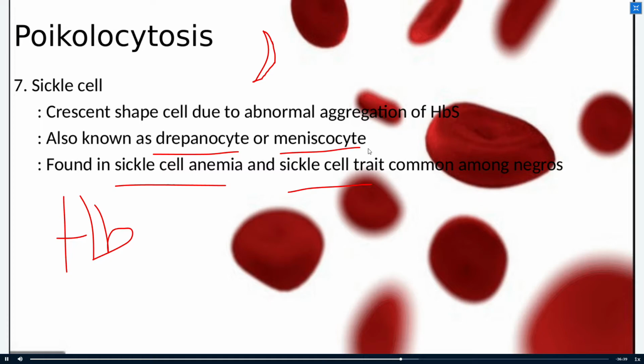Which of those two is sickle cell trait?